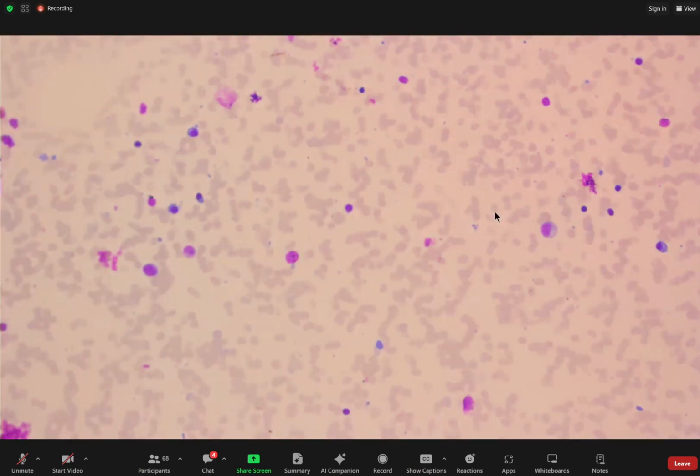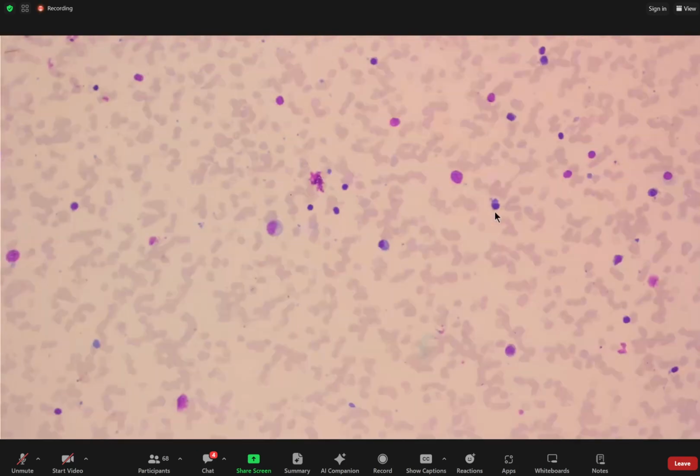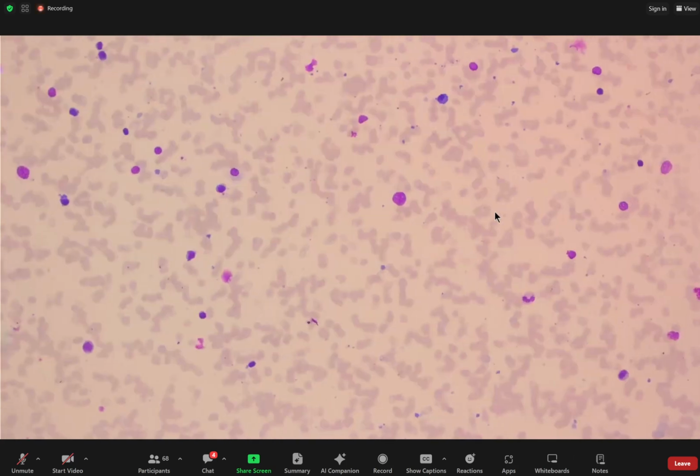There are actually a lot of plasma cells, a totally different finding from the bone marrow aspirate.